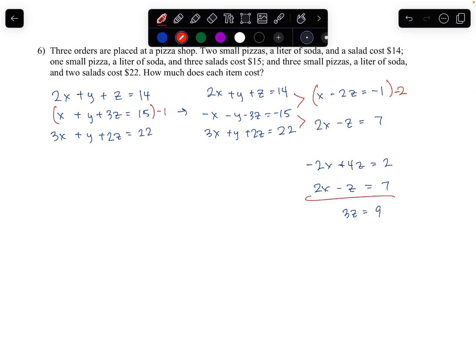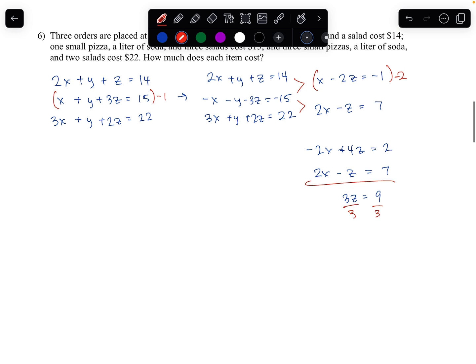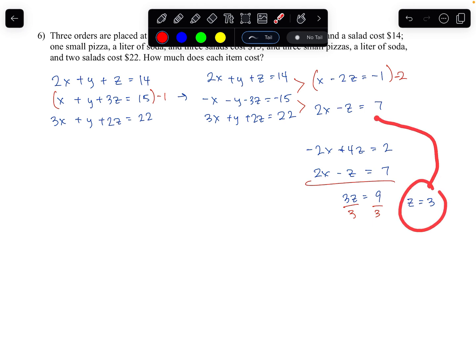So therefore, 3 salads is going to be a cost of 9, which means 1 salad is going to be the cost of $3. So I know that salads cost $3. Now I can plug this value back into, let's say, here or here, whichever one.